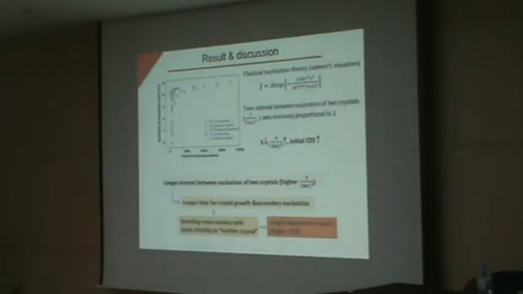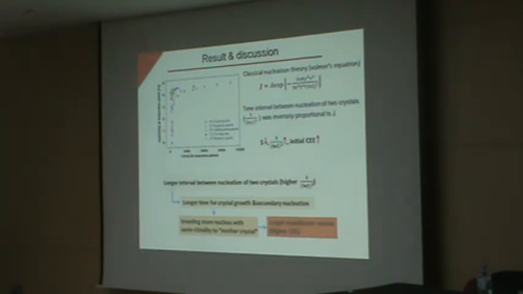So what is the mechanism behind this chiral symmetry breaking? According to the classical nucleation theory, the nucleation rate is closely related to the supersaturation S, and the time interval between nucleation of two crystals, which we define as 1 divided by the square of ln S, is inversely proportional to the nucleation rate.